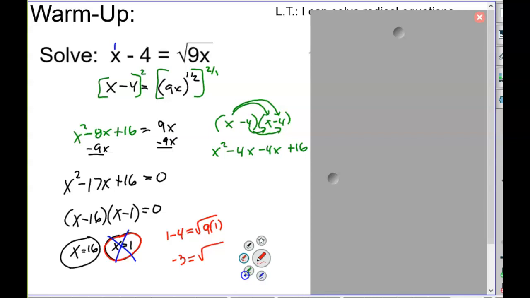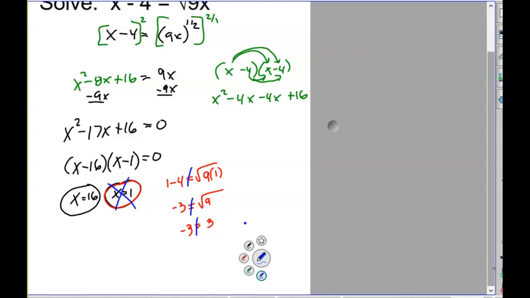If I wanted to, it's not too bad to actually go through, but notice you end up with a false situation. So in that case, I would identify x equals 1 is an extraneous solution. It doesn't work.